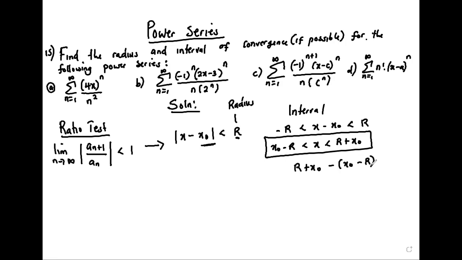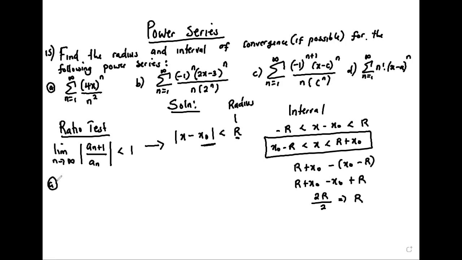This gives us 2r, and then we divide it by 2, and we get r, which is the radius. So you can as well get the length of the interval and then divide it by 2 to give you the radius. It's still the same thing. So that's it. Let's go to the first one.